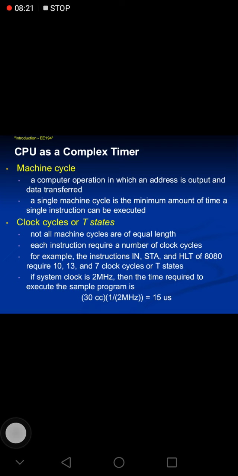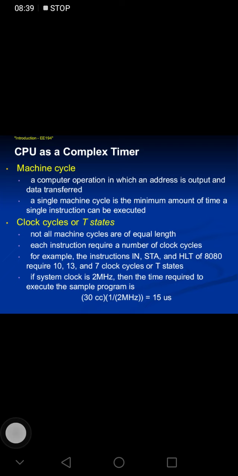Not all machine cycles are of equal length, no? So, magkakaiba-iba yan sila. Each instruction requires a number of clock cycles. For example, instructions like IN, STA and HLT of 8080 require 10, 13, or 7 clock cycles or T-states. No? So, iba-iba.